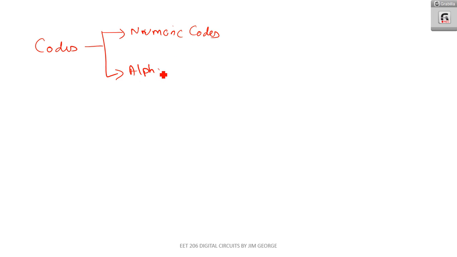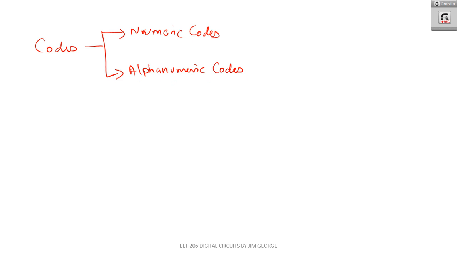Generally, codes are classified into two: numeric codes and alphanumeric codes. So what is basically a numeric code?